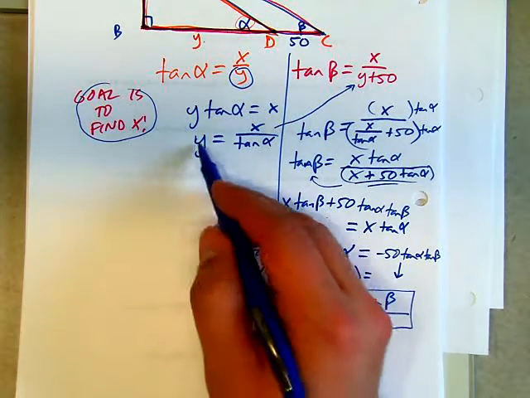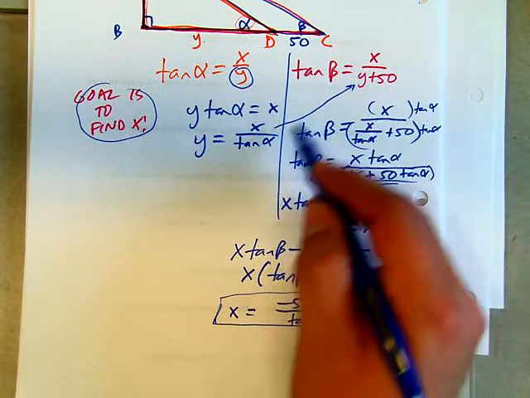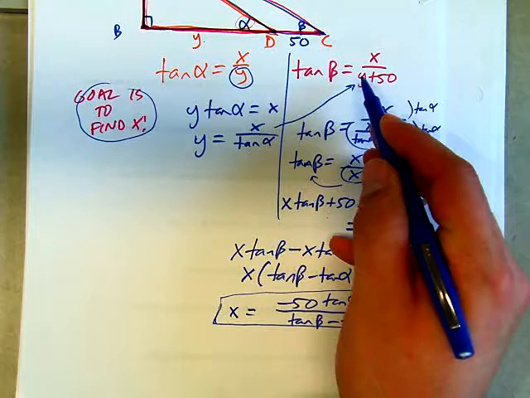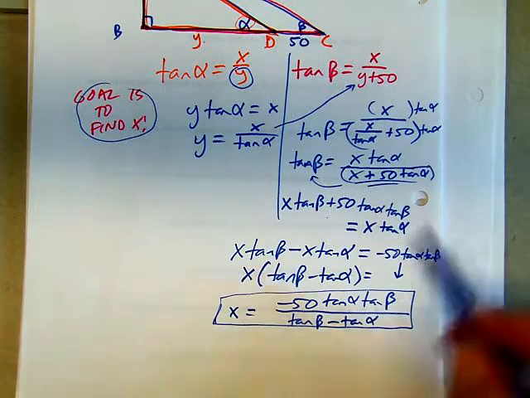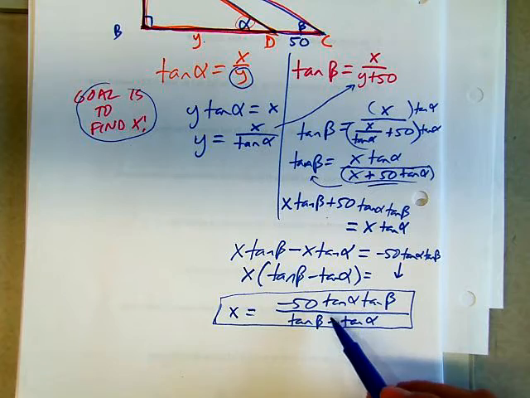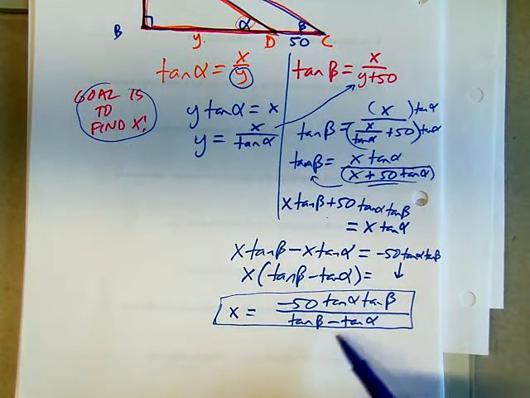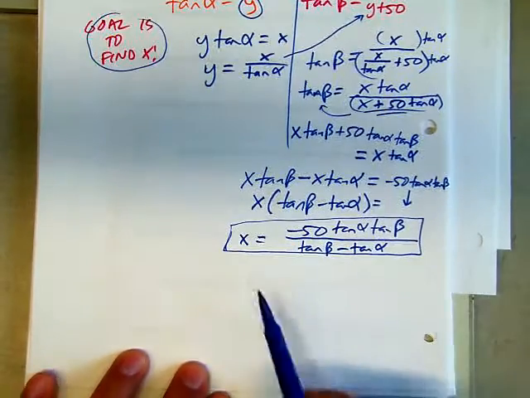Since I knew I was looking for x, I got y alone first. That way, when I substituted this into the second equation, I didn't have to go back and substitute another time. So it was kind of complicated, but I didn't have to substitute twice if I do it this way. But again, you can do it however you want.